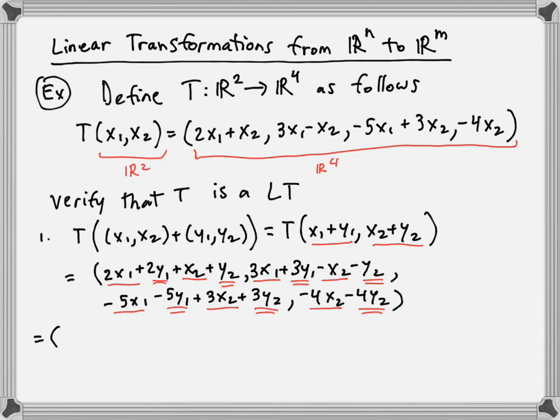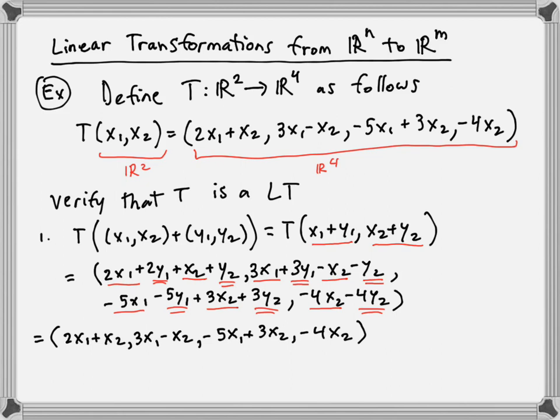This is equal to (2x1 plus x2, 3x1 minus x2, negative 5x1 plus 3x2, negative 4x2). So those are all the single underlines, right?